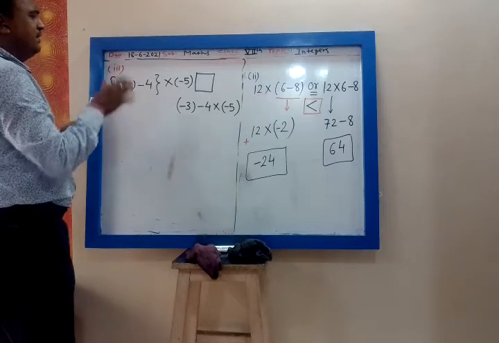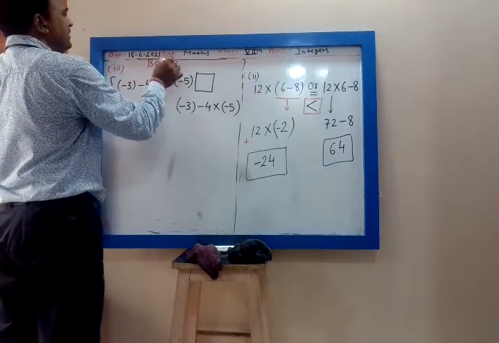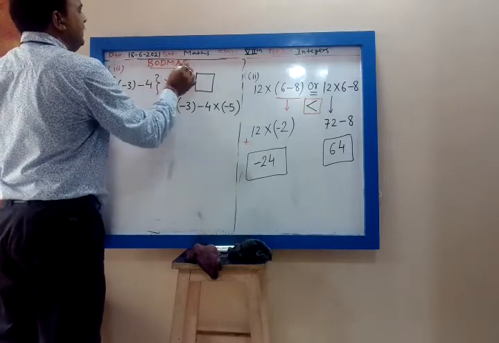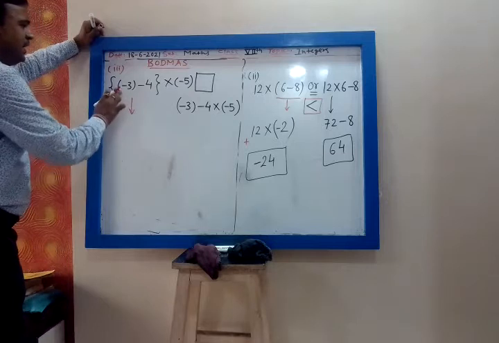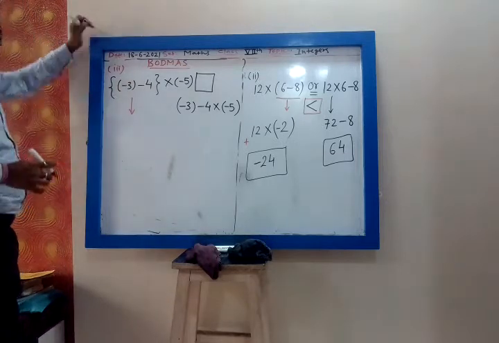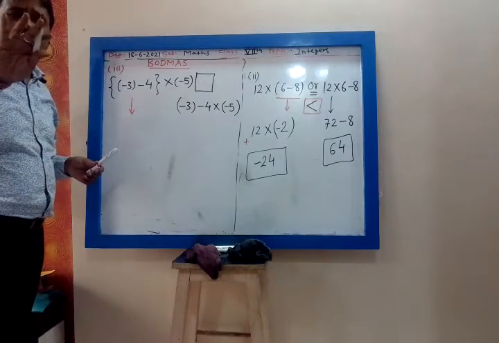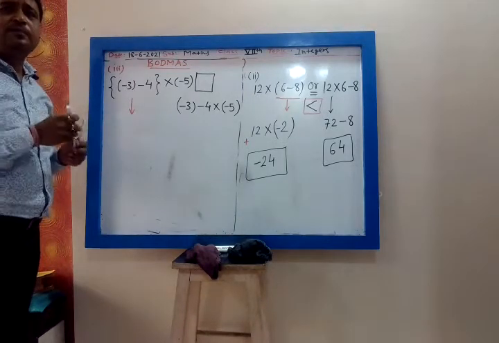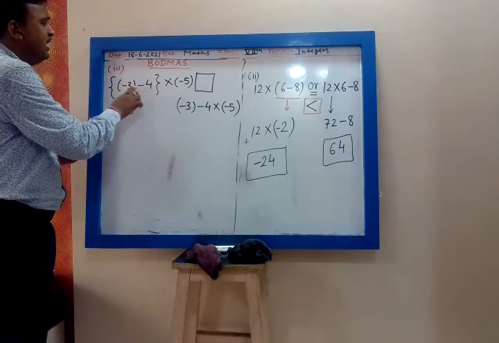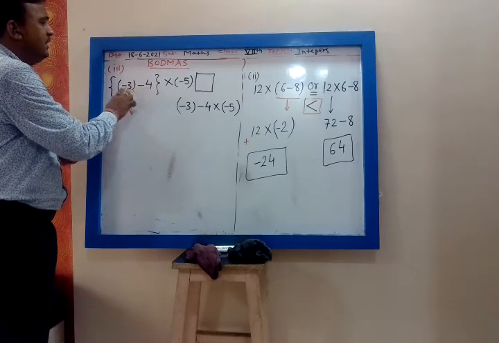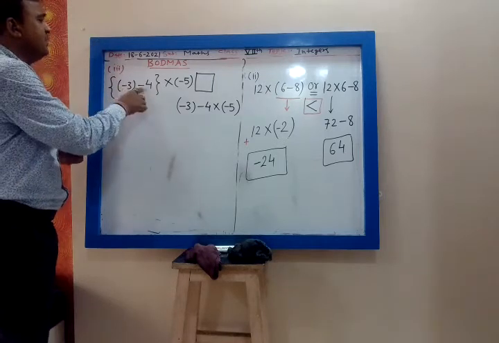Whenever it is, you have to follow BODMAS, my dear. First you have to simplify the bracket. What is there in the bracket? Minus 3 minus 4. There is no multiplication sign, it is simply minus 3 and minus 4. Both have the same sign, minus minus. Whenever they have the same sign, you have to add the integers and take the common sign.